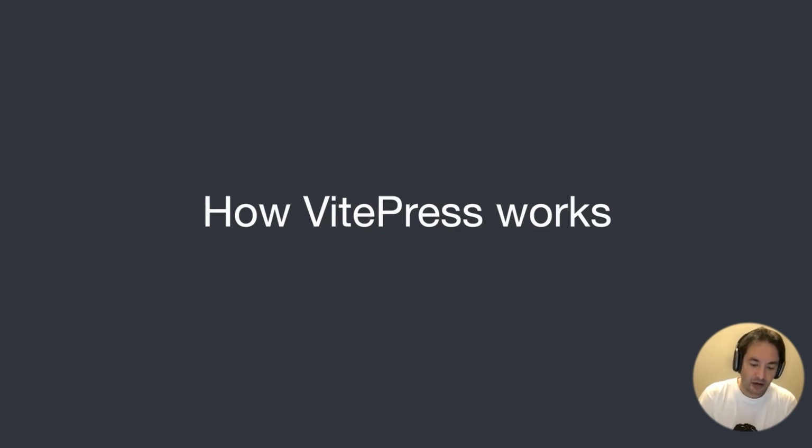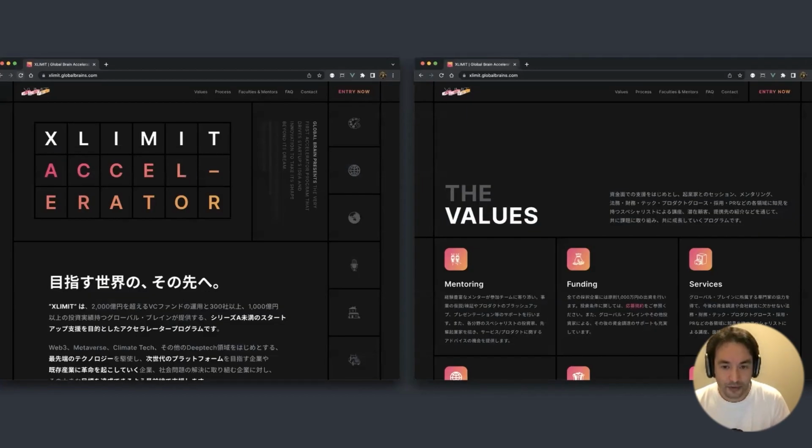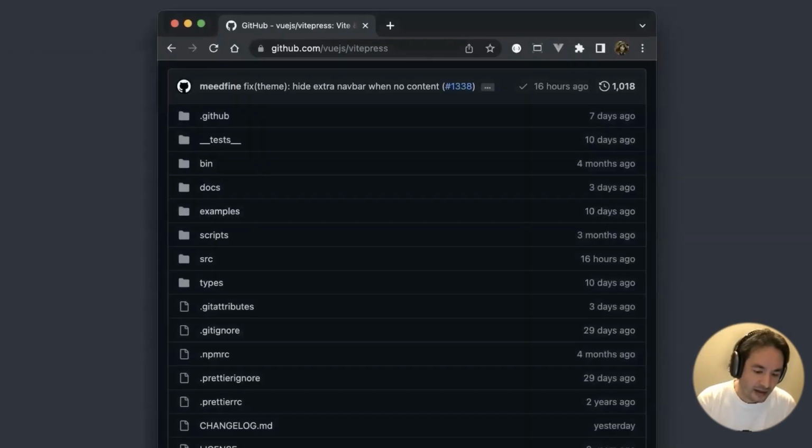In order to understand how VitePress works, the most precise thing you can do is look into the source code. Oops, sorry. Which is this. Well, there are lots of files, but you only have to look into the source folder. But even for me, it was kind of overwhelming to go through each file.